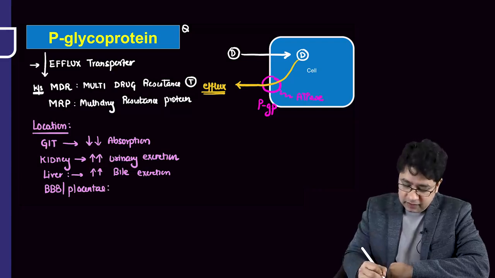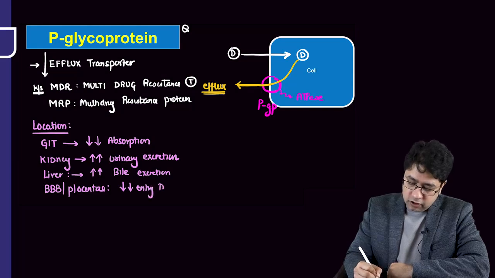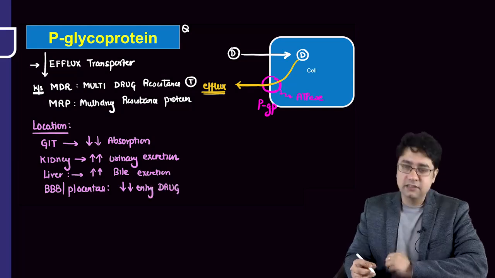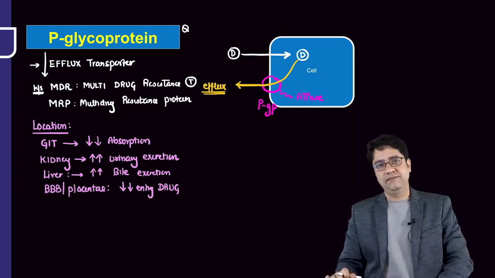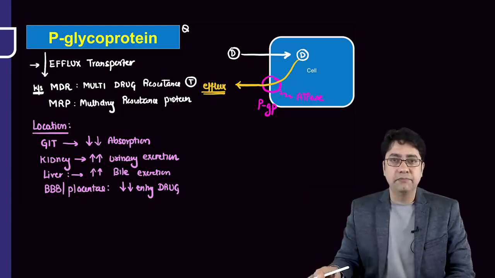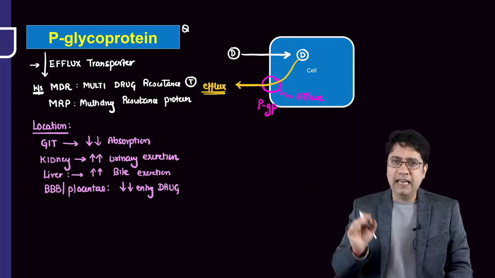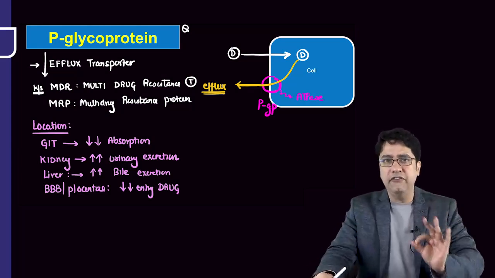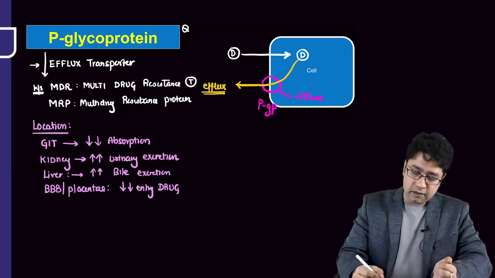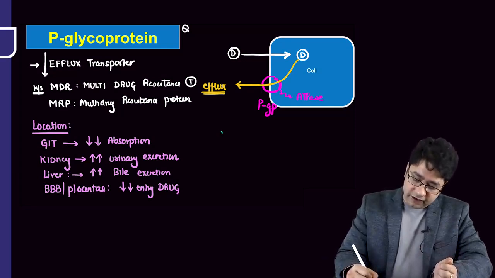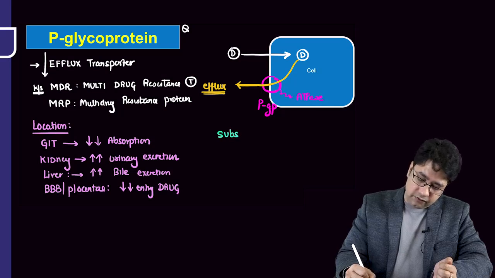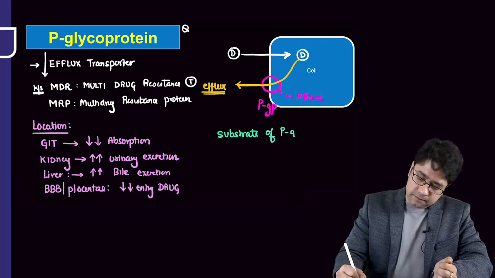No, it will decrease the entry of drug into these organs so that these organs remain protected. So this is the function of P-glycoprotein. Now the drug which is identified by P-glycoprotein, we call it a substrate of P-glycoprotein.